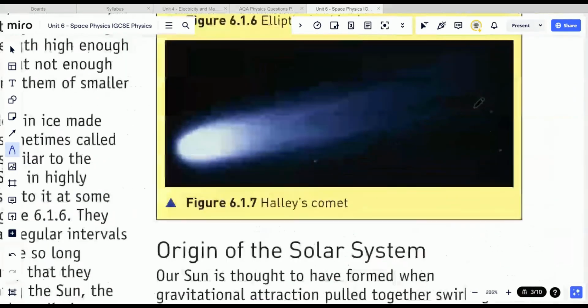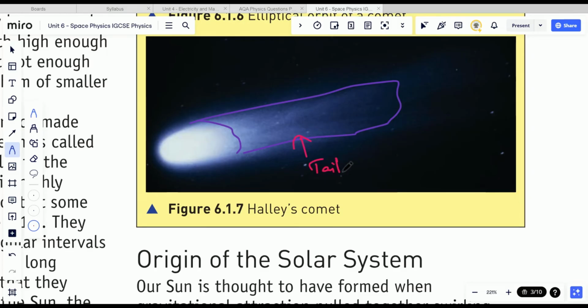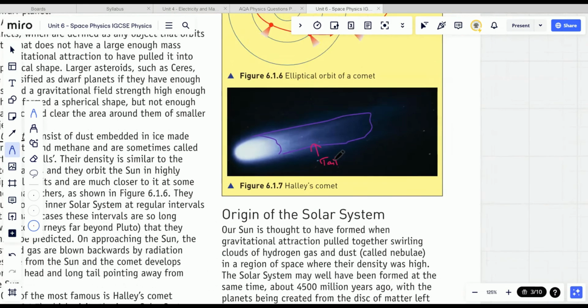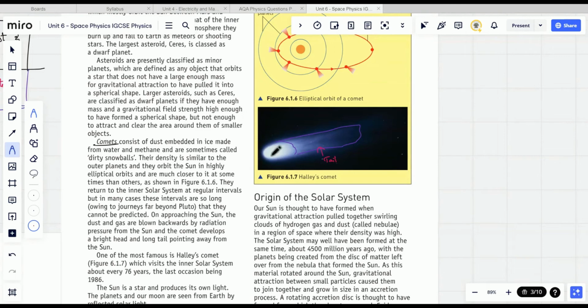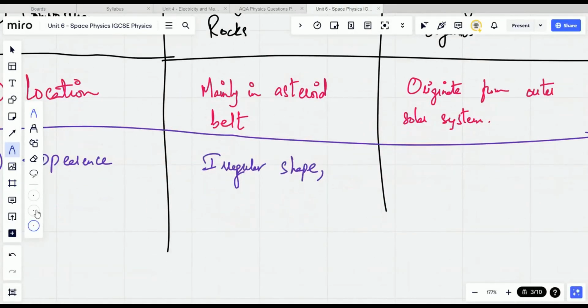This is a comet. This shade that you see over here is known as the tail of a comet. Asteroids don't have these tails. So they have an irregular shape and no tail.